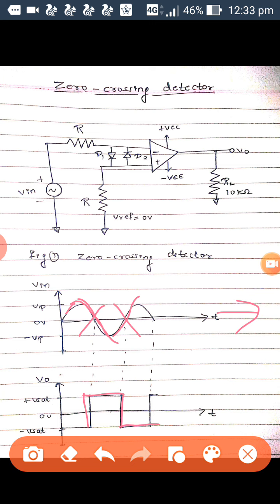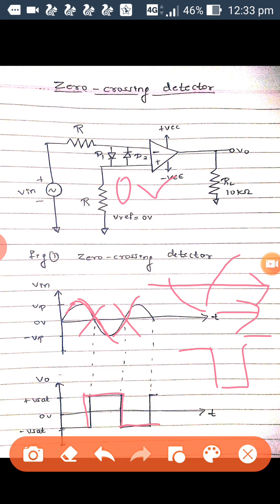It will be shifting from positive to negative and negative to positive whenever the input is changing direction. Here the output is positive, which means the input is negative; here it is negative, which means the input is positive. And the main condition is that it needs to cross the zero line, it needs to compare with the 0 volts.